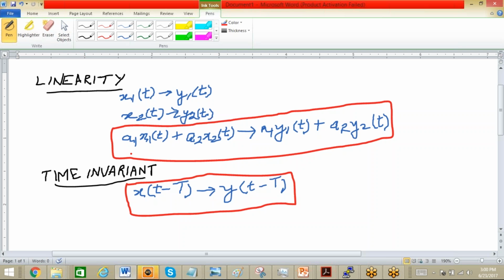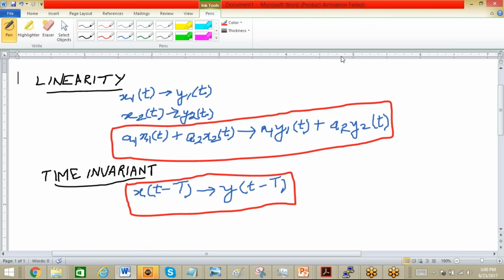If you have not, please refer to our previous lectures. The output of the system is simply the convolution of the input to the system with the system impulse response. That simply means if you have a system that has some impulse response, which is the response to the impulse signal, and you apply some input on that, the output will be the convolution of the applied input signal and the system impulse response.